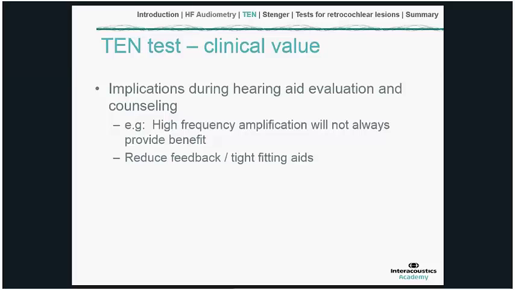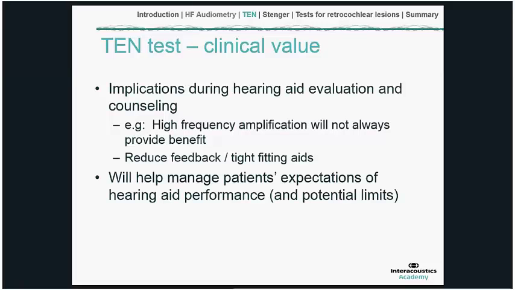So this is very useful to understand, because if it is occurring, then what we don't want to do is overwhelm that edge frequency by providing too much amplification where it can't necessarily be detected or provide benefit.